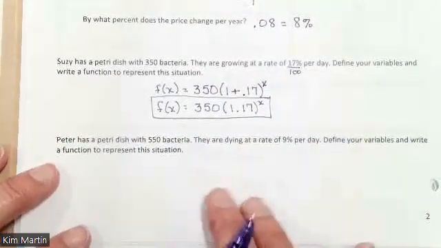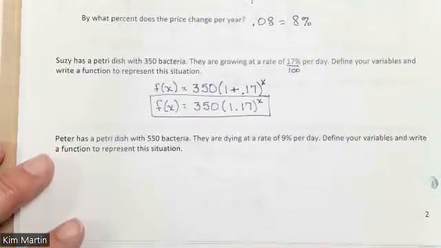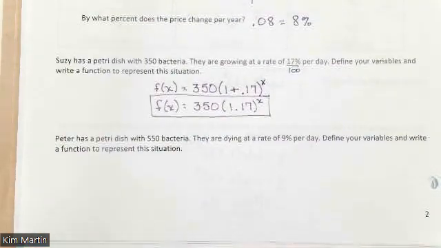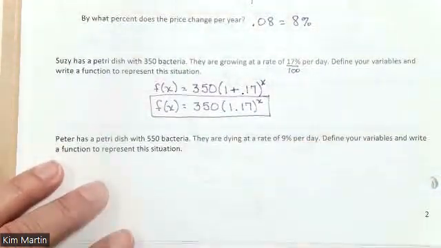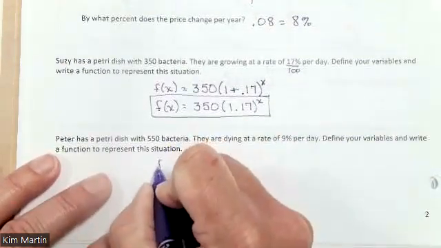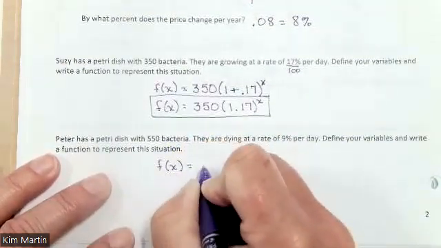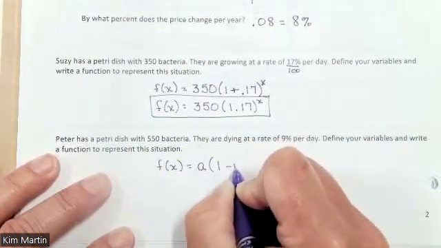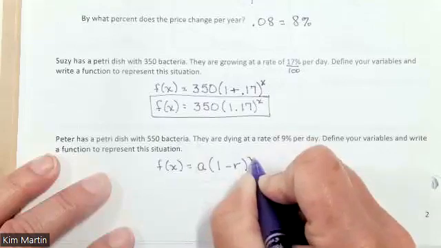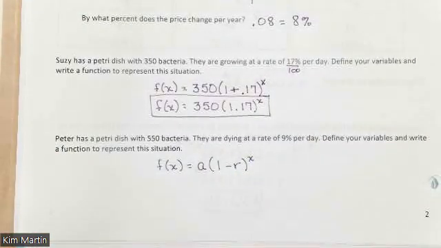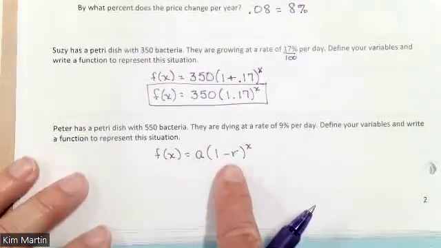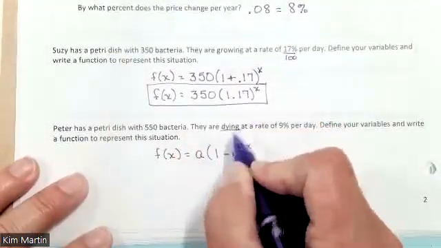See if you can write this function right here. It's a decay, so be careful now, because they are dying, so that's a decay. So you should have used this function because they are dying, so that means they're going down.